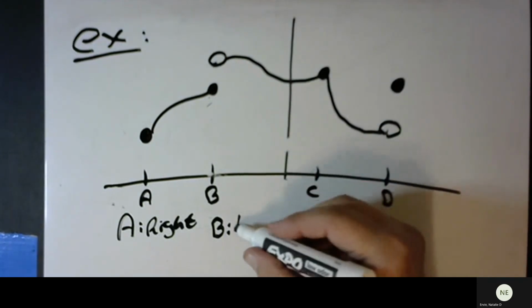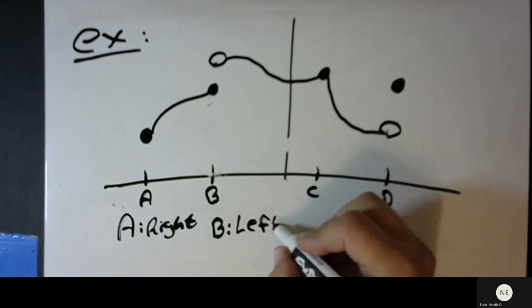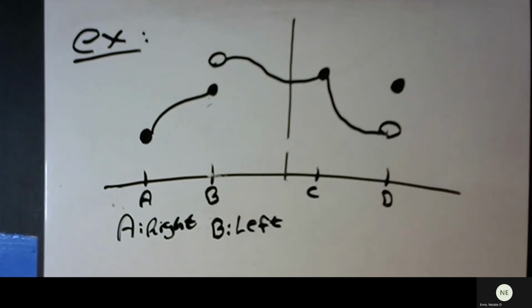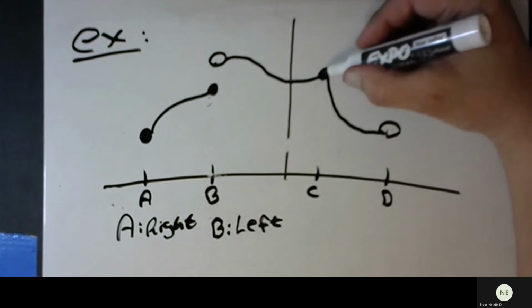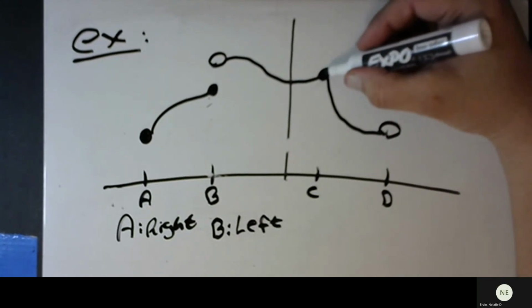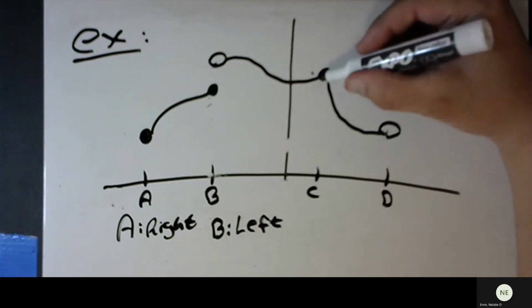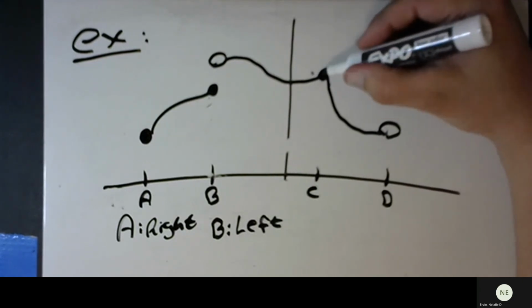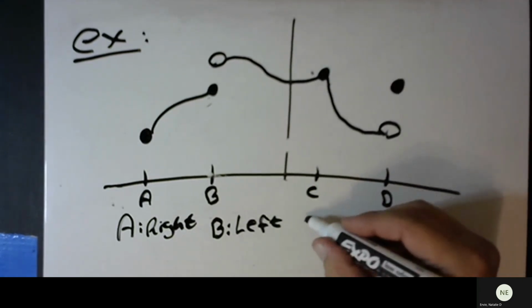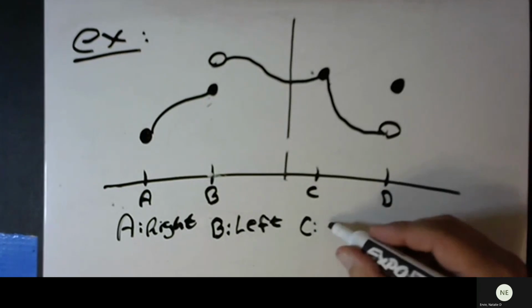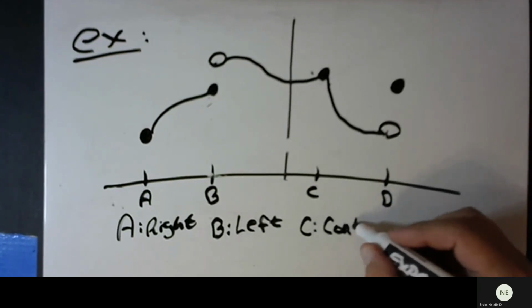So this one is going to be left continuous. Now for C, f of C exists, and the double-sided limits exist and they equal f of C, so C is going to be continuous.